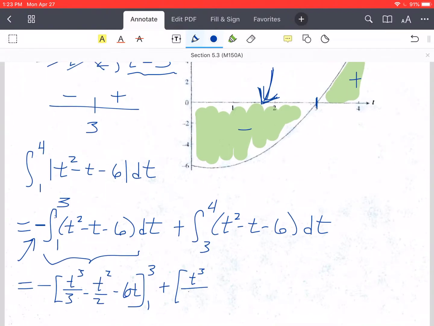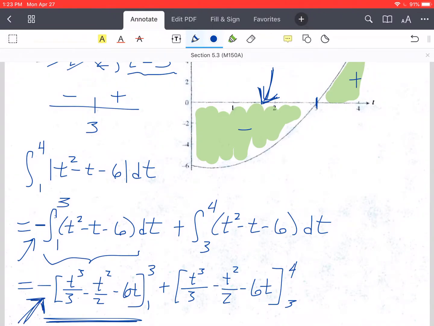So it's all the same antiderivative here. t cubed over 3 minus t squared over 2 minus 6t, evaluated from 3 to 4 on this one. Okay, so you would be doing that evaluation from 1 to 3 on this one. Don't forget to make it negative, right? Don't forget that negative out there, or else you're going to get a negative answer, and that's not going to work out. And then evaluate this one.